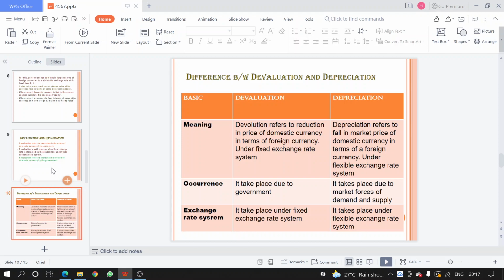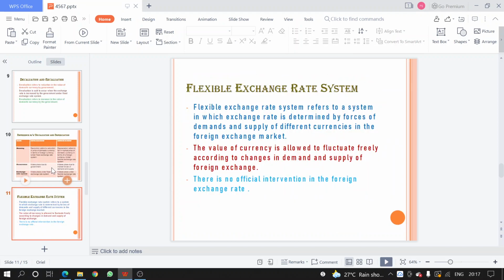Occurrence: devaluation takes place due to the government, whereas depreciation takes place due to market forces with the help of demand and supply. Now, on the basis of the third point, that is the exchange rate system, devaluation takes place under the fixed exchange rate system, and depreciation takes place under the flexible exchange rate system.